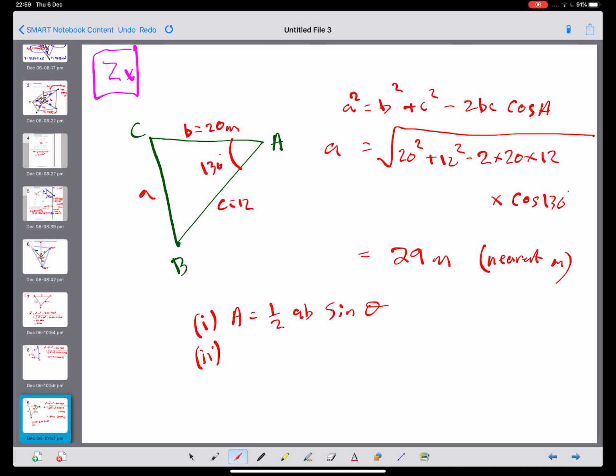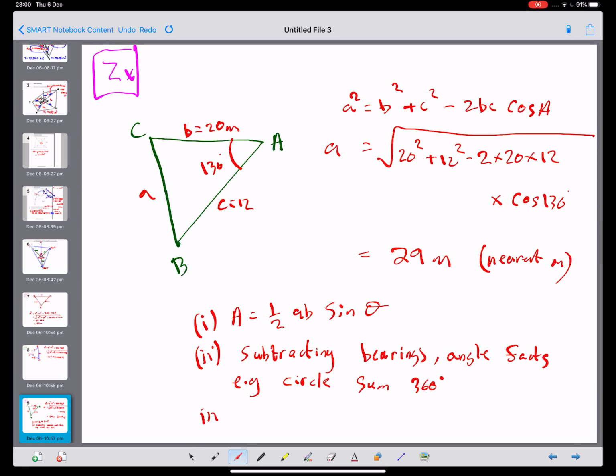Okay, so we find the angles by subtracting bearings and angle facts, e.g. a circle sums to 360 degrees.